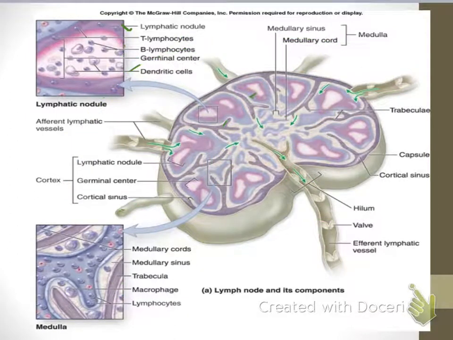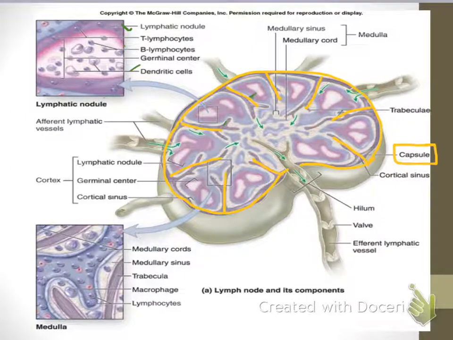I want to go over the specific anatomy of a lymph node. So we drew on the board the other day, there's this thing called a capsule, and that is a connective tissue sheath that goes along the outside of the lymph node that protects it. It's like its outer covering, its outer coat. Then parts of the capsule actually come inside of the lymph node itself and make these little compartments.